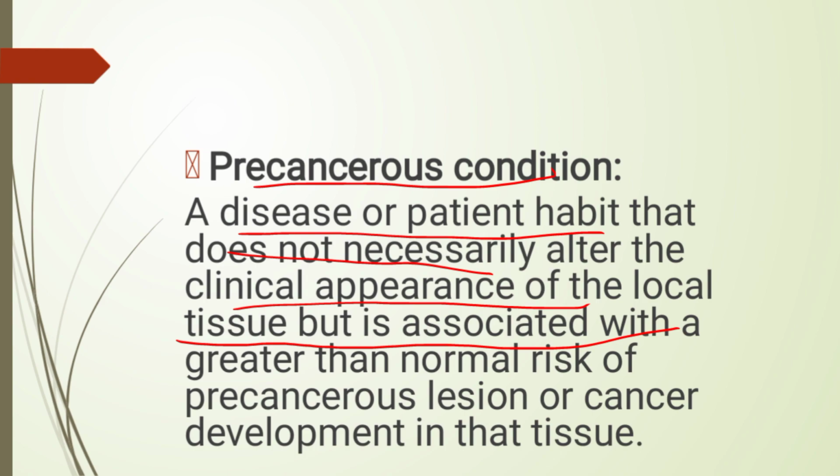Means if you tell the patient to stop smoking, but the lesion does not heal within 2 weeks, the clinical appearance of the tissue does not heal, it means it has a very great risk of that tissue becoming a cancer in that area.